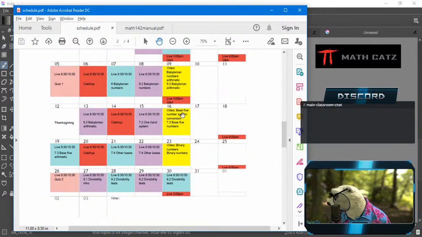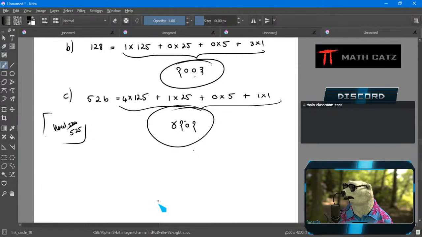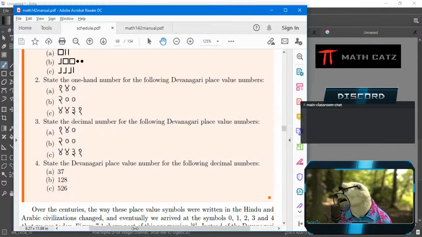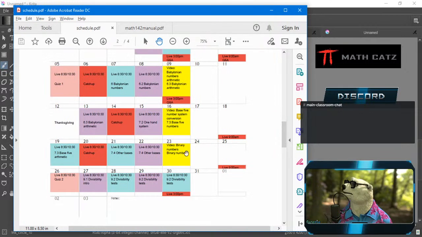The video is already in the playlist. It's called Base 5 Number System Conversion, where it's going to be very similar to what we did today, but we're just going to update the symbols because some people don't like to draw the Devanagari symbols for too long. But it's a continuation of this discussion, not a new number system.